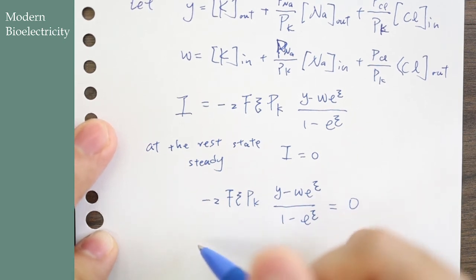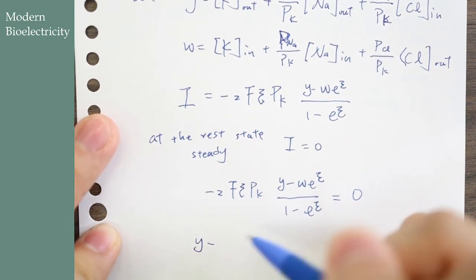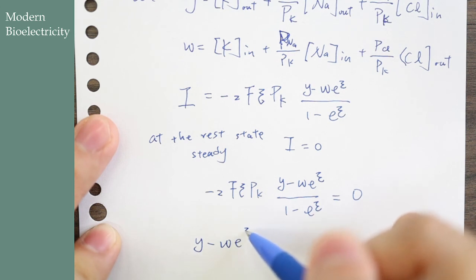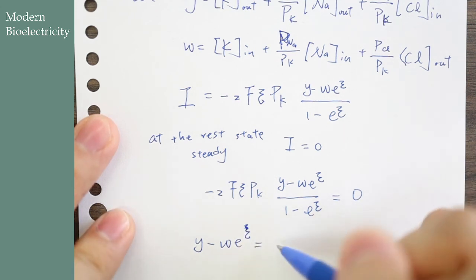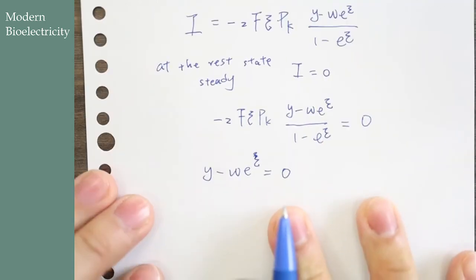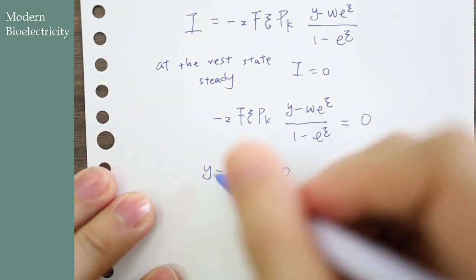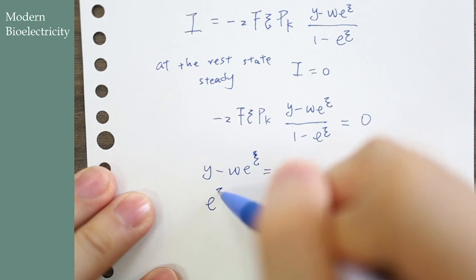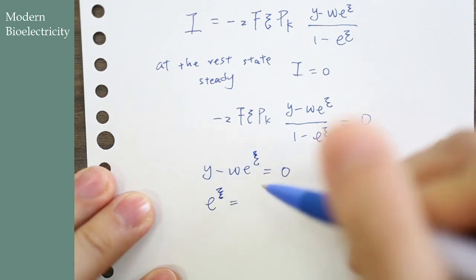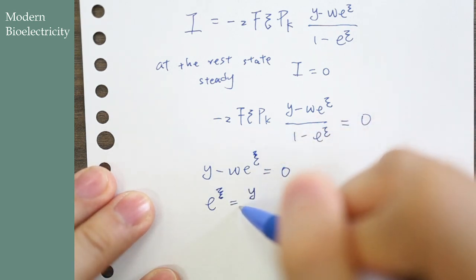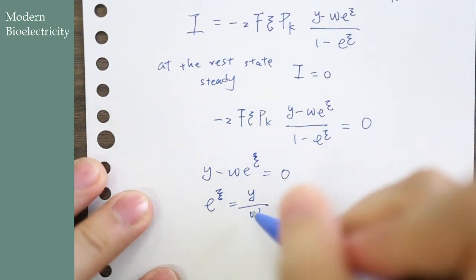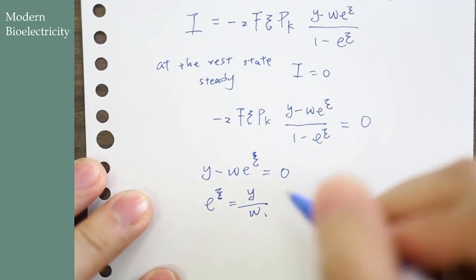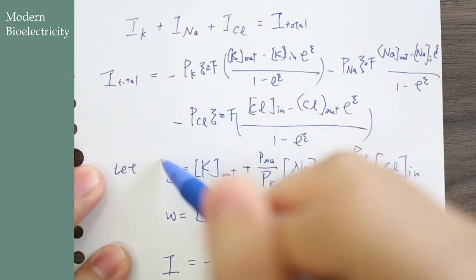So we can have Y minus WEC is equal to 0, and we can have EC is equal to Y divided by W. Y is here, W is here.